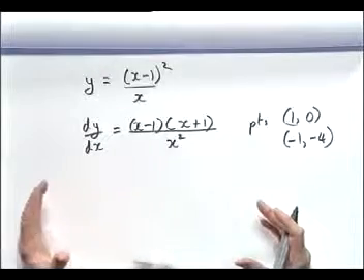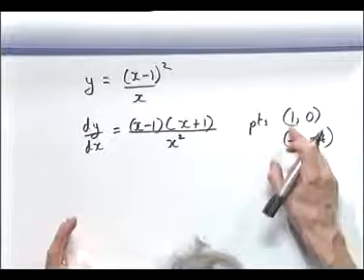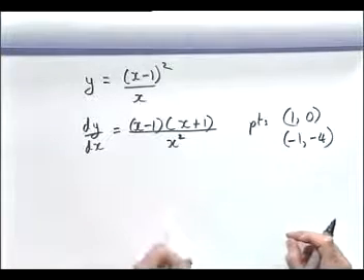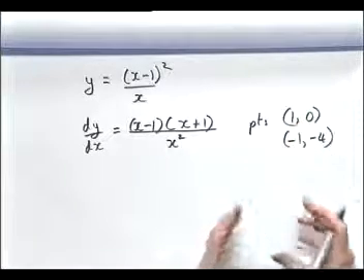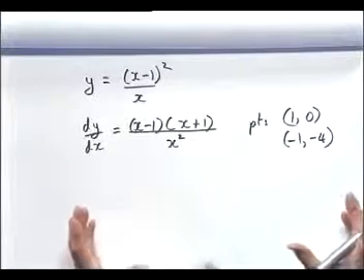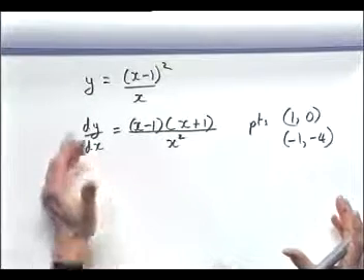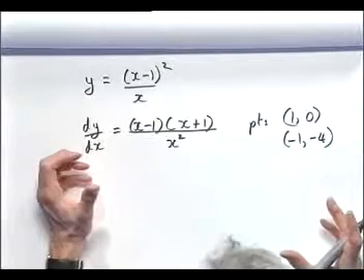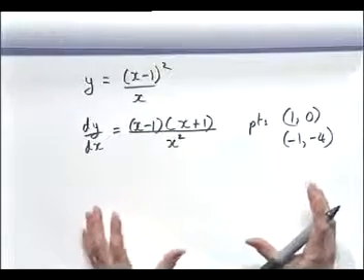Let's look at the gradient a little bit before x equals 1, at x equals 1, and a little bit after x equals 1, and form a picture from doing that of whether this is a maximum or a minimum point. And this method also works when d2y by dx squared is 0. So it's a good method, and it's well worth adding it to your armoury of techniques for looking at stationary points.